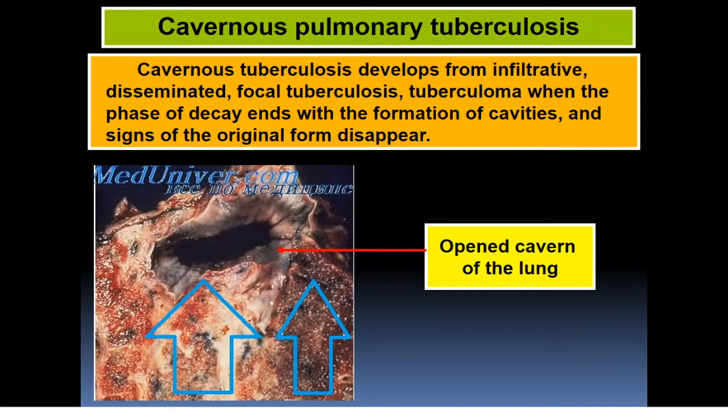That's why cavernous can form after other forms of tuberculosis as a result of destruction of the lung tissue. Here on macro preparation, you can see an opened cavern of the lung.